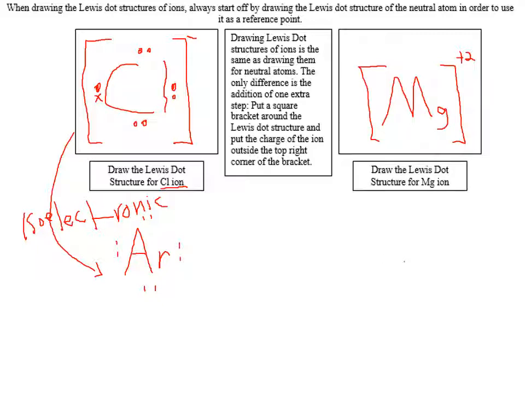Just as a point of reference, let's go back and take a look at how this would look like for the Bohr-Rutherford diagram. Magnesium, we know, has 12 protons and 12 neutrons. And it also had 12 electrons. So that's the regular magnesium.